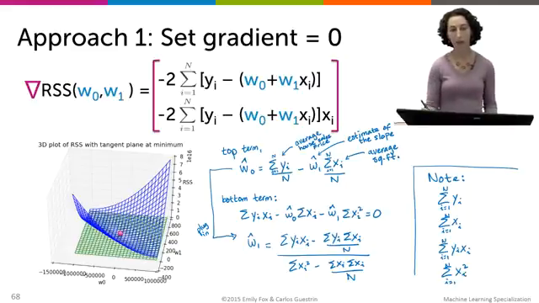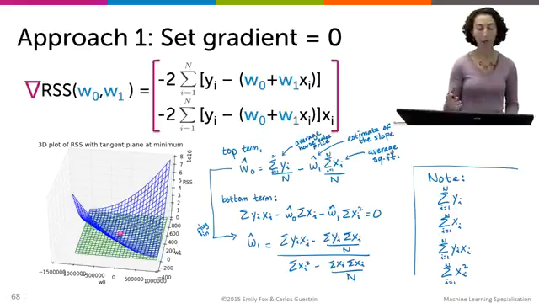So we need to compute just 4 different terms, plug them into these equations, and we get out what our W hat 0 and W hat 1 are. The optimal values that are minimizing our residual sum of squares.